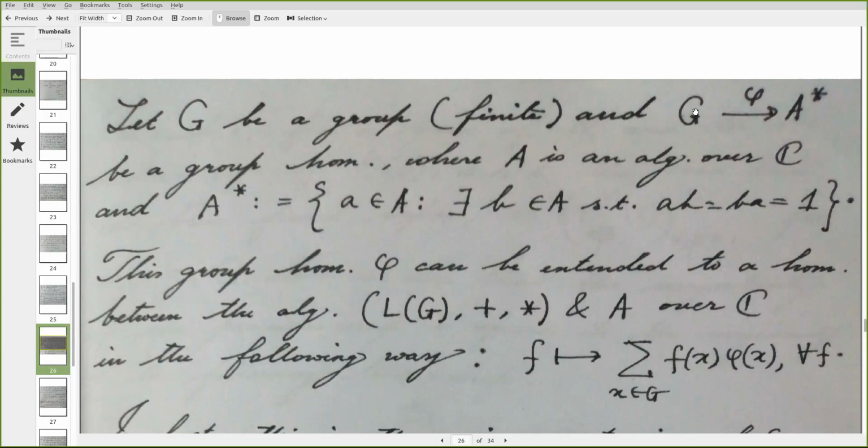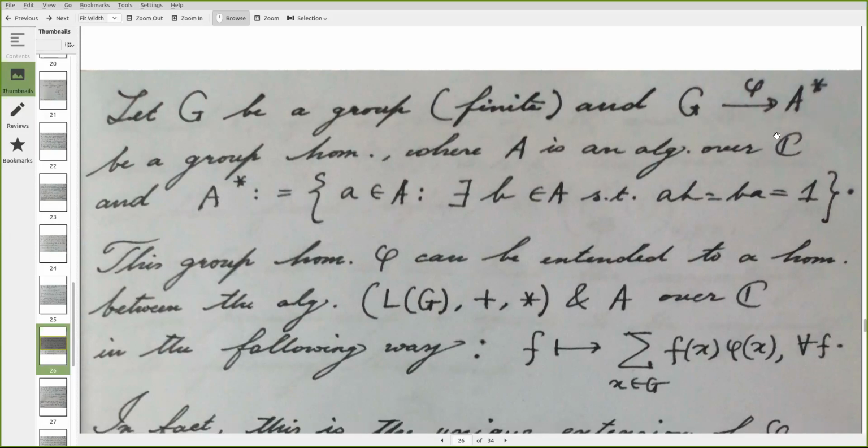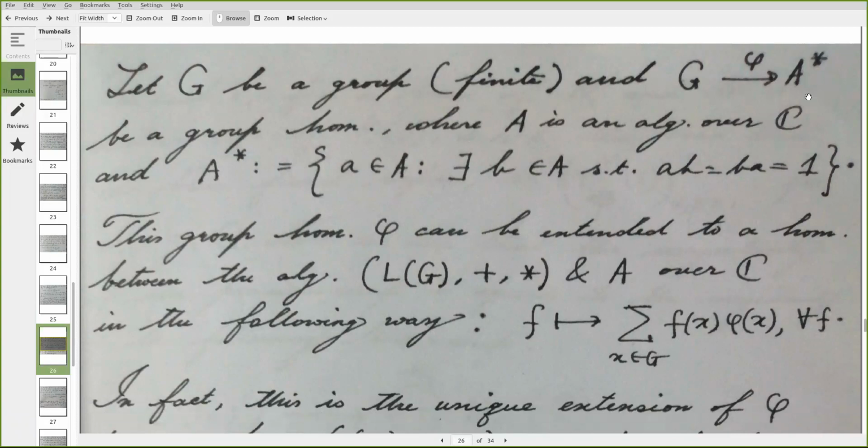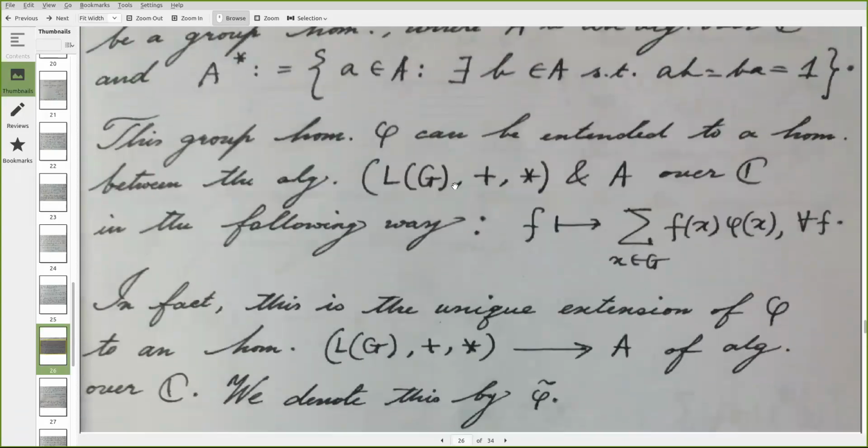Now, if there is a group homomorphism phi from G to that multiplicative group of A, such a group homomorphism can be extended to an algebra homomorphism from LG to A. A typical element in the group algebra is f, which you should recall can be written as a summation of f_x e_x, and since each e_x goes to phi x, if we want to extend phi linearly, because G is the basis of LG, then this is the choice.